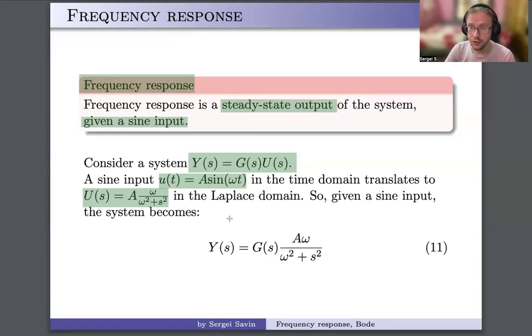So in general, if we want to study how the system reacts to sine input, we have to study this signal in Laplace domain. Y of s equals G of s times a omega divided by omega squared plus s squared. Right? We saw it on the previous slide.